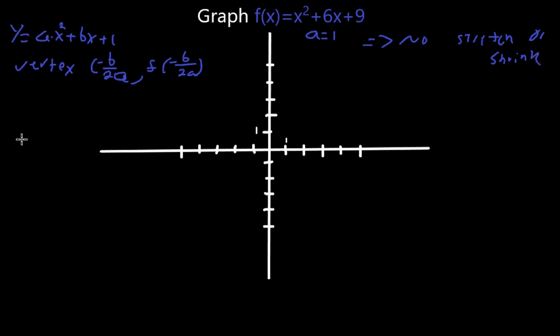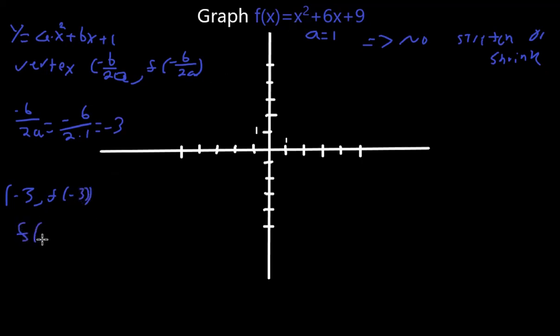Alright, so now let's calculate the vertex. Negative b over 2a is equal to negative 6 divided by 2 times 1, which is negative 3. So now I need to calculate the y value, which is f of negative 3. So I need to plug this into my equation.